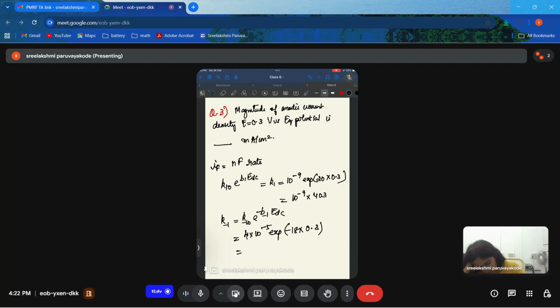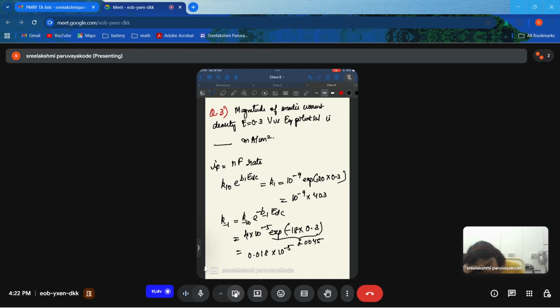This particular value, I'm getting 0.0045. This into 4, so you should get 0.018 into 10 to the power minus 5.